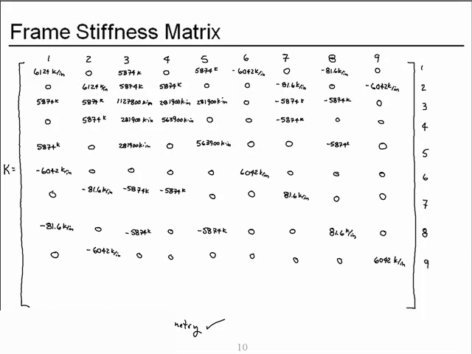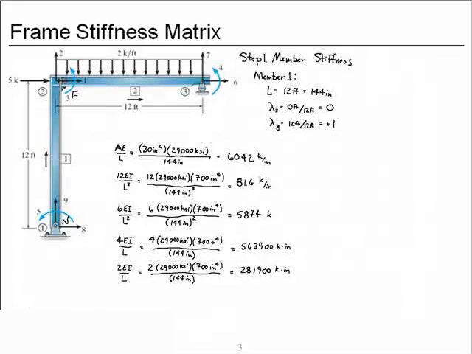Now let's go back and review the process we used to create this stiffness matrix. We started by assembling the stiffness matrix for each of the members, and to do that we had to find the length and directional cosines for the member, and then I calculated terms that show up on a repeated basis when assembling the member stiffness.